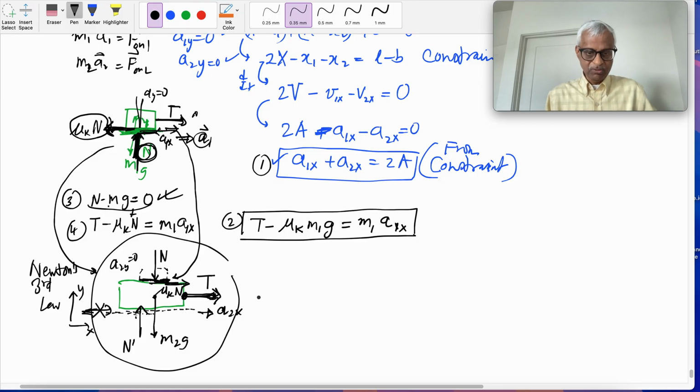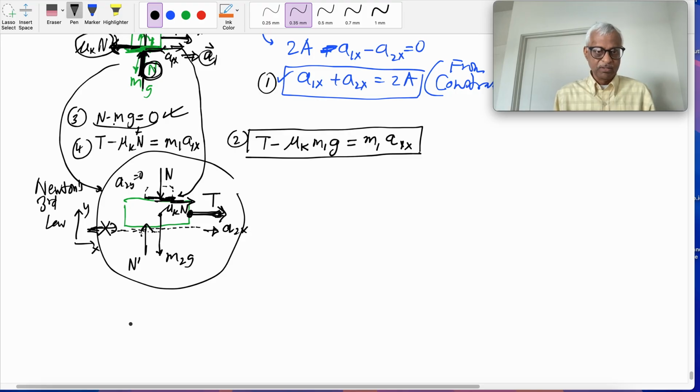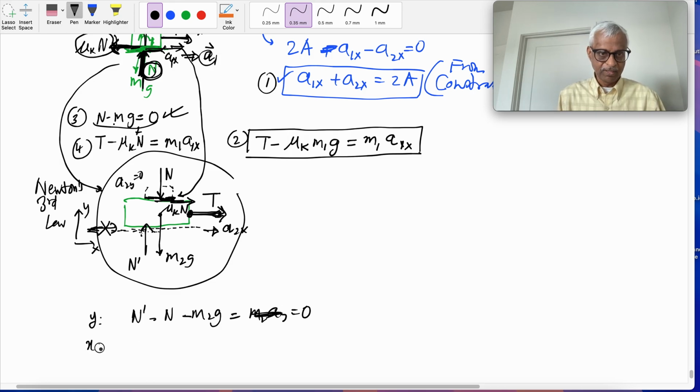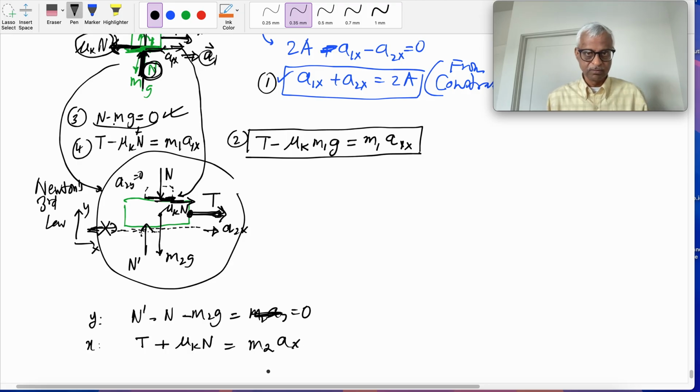Okay, so the equation for this guy along the Y direction is going to be N prime minus N minus m2g equals m2 a2y equal to 0. Along the X direction it is going to be T plus mu k N equals m2 a2x.